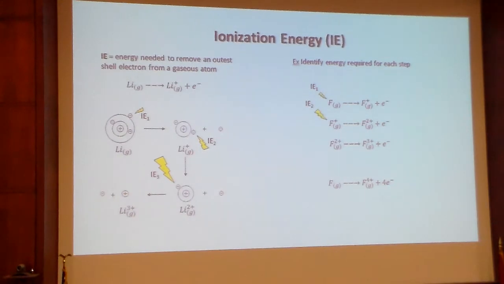IE2, and for sure IE2 is higher than IE1 by a large amount. From F2 plus to F3 plus, fluorine loses 1 more electron, so we call that IE3. If I ask you, what is the energy associated with the last one? Be careful, be careful.